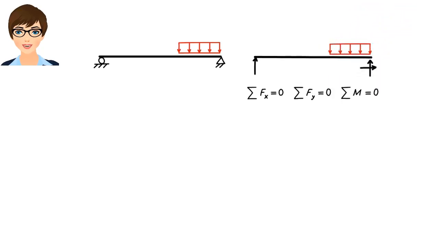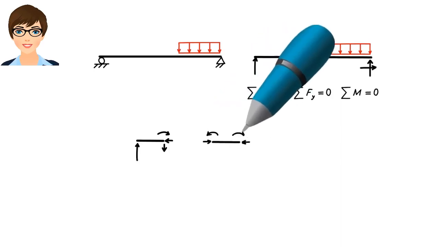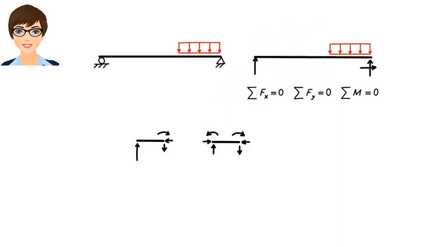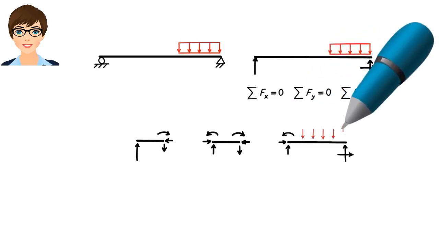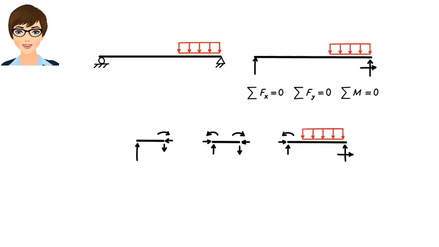Further, if indeed the beam is in equilibrium, then if cut into 3 segments like this, the equilibrium equations must also be satisfied for each segment.